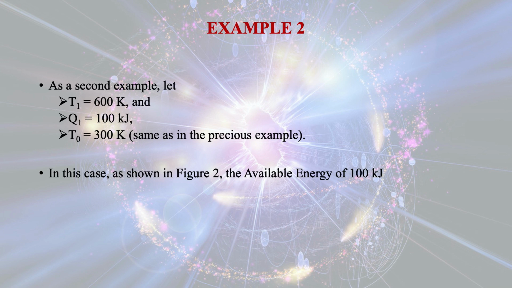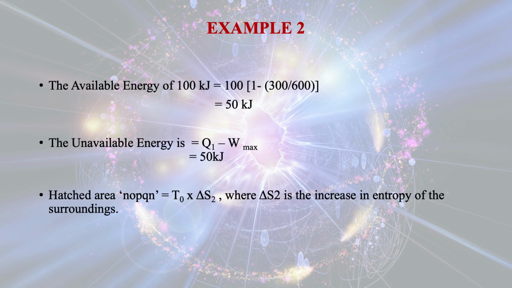In this case, as shown in figure 2, the available energy of 100 kilojoule is equal to 100 into the efficiency of this system, that comes out to be 50 kilojoule, and the unavailable energy is Q1 minus W max, that is equal to 50 kilojoule.